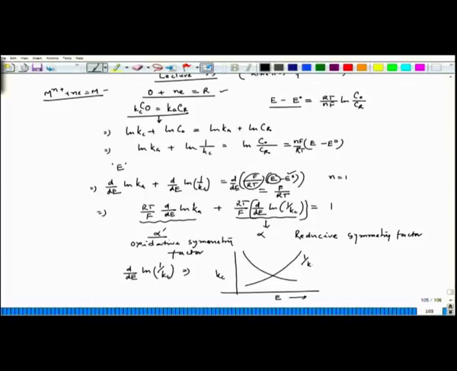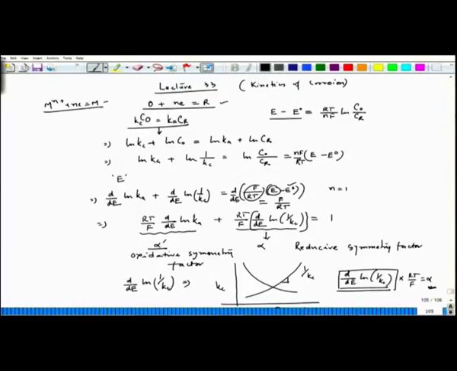If we take the log of 1 by K_C and plot it, then differentiate with respect to E, this quantity with the multiplication factor RT by F is nothing but alpha.